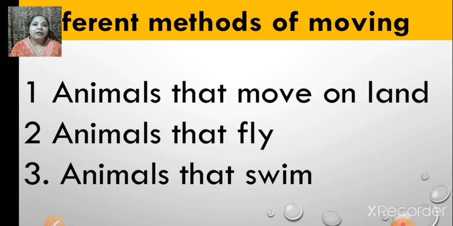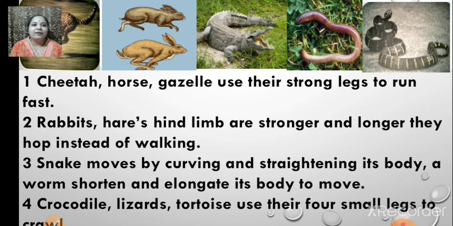You know that animals move from one place to another in search of food, shelter, to protect themselves from enemies, rain, etc. Now there are different ways in which they move. For example, animals that move on land, animals that fly, few animals swim. So, let us discuss in detail about the movement of animals.